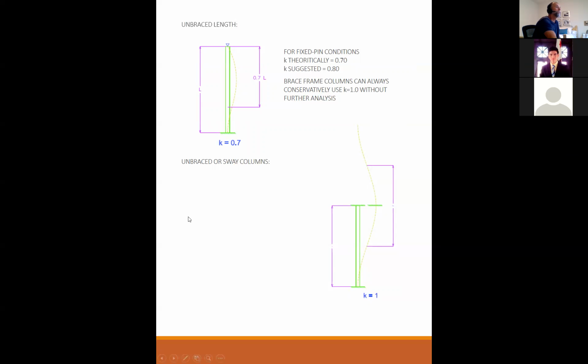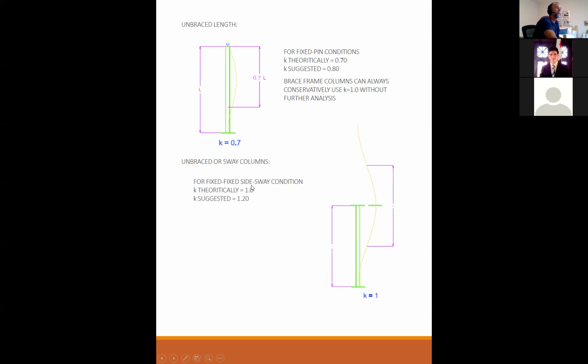The columns that are not part of the moment frame are braced or non-sway columns. They're braced by the moment frames. But the columns that are actually in the moment frames are not braced. They brace themselves. So those would be considered unbraced or sway columns making up the moment frame itself. And when those deflect, you get a very different shape.